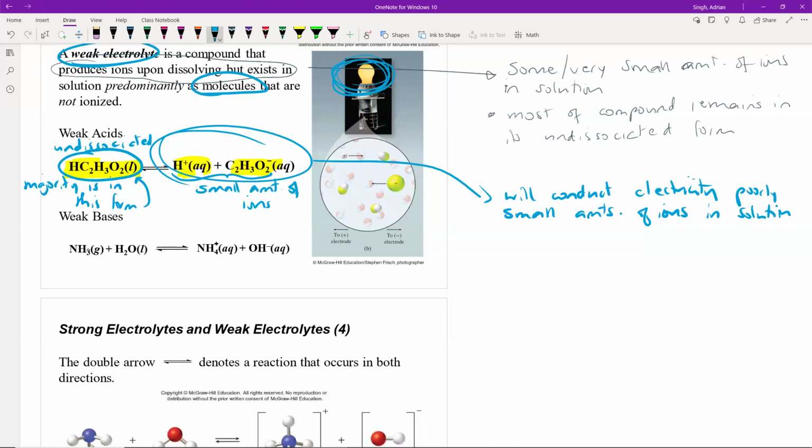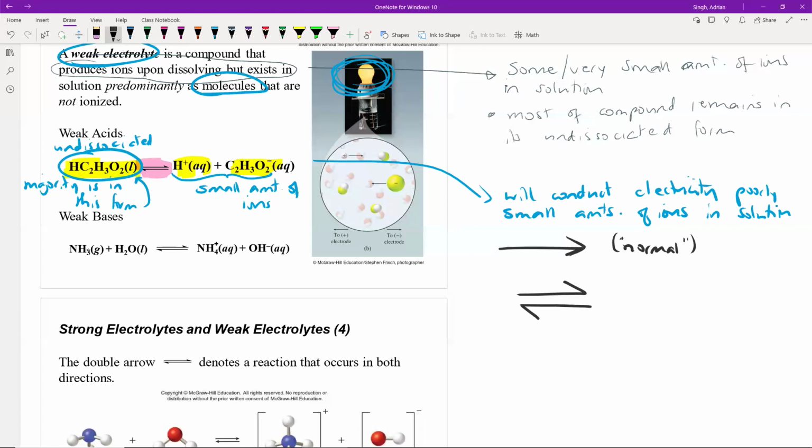Now, one key thing that you want to look at here, if you're presented with equations, is you will see an arrow that looks very different. It has a double-headed arrow. It doesn't point in one direction like a normal arrow does. Instead, we're going to see an arrow that goes in one direction with a half head and another arrow that goes in the reverse direction with a head.